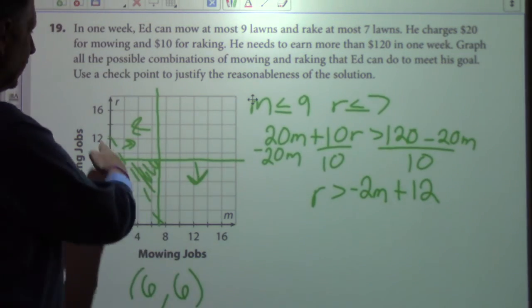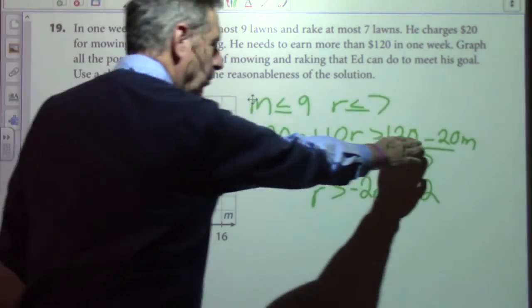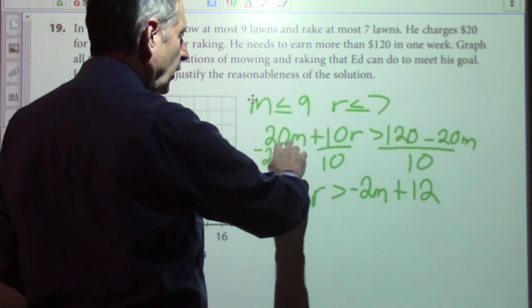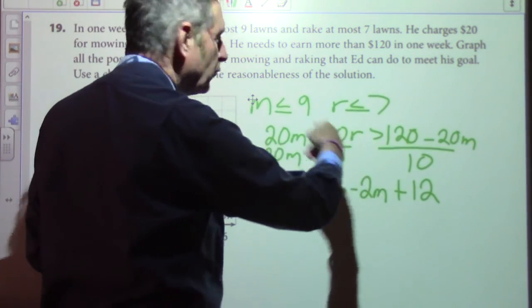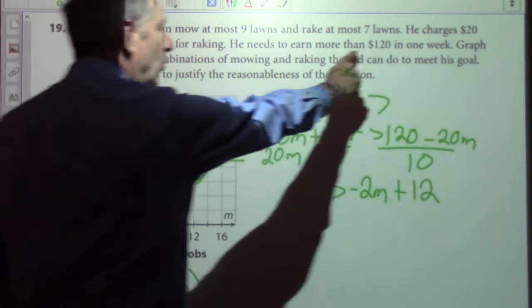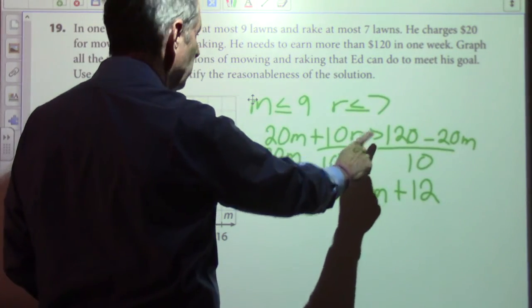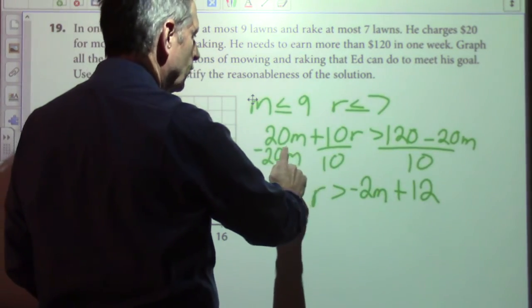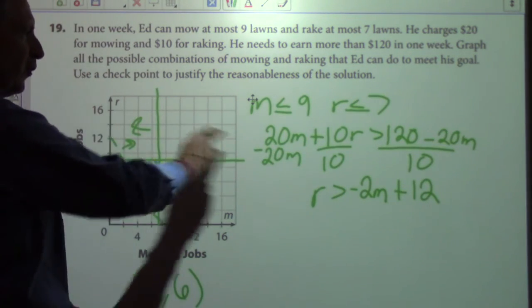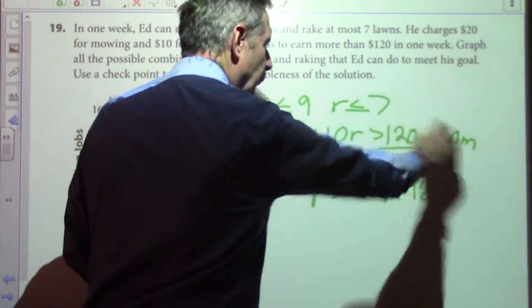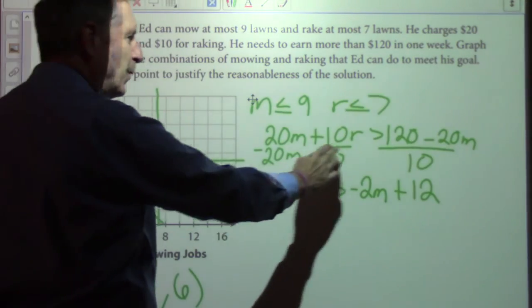The next thing we have is 20M plus 10R greater than 120. It wants to make more than 120, so there's your more than, right? Okay, and you're solving for R now, aren't you? Yes. So you subtract 20M, and then divide by 10.